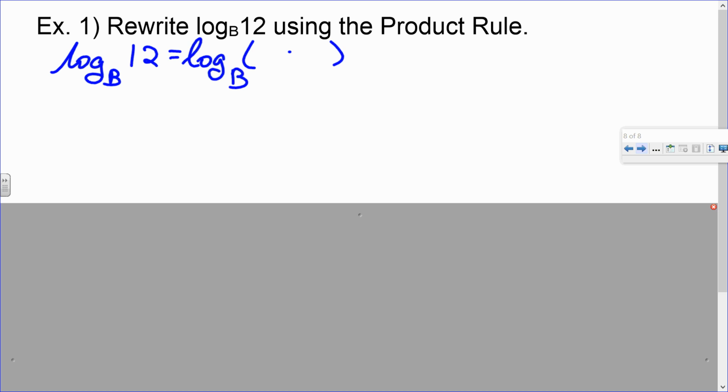So Natalie, tell me two things that multiply to be 12. 3 times 4. And this says I can rewrite that as what? No, I've already got the multiplying. If I want to split that up, log base b of 3 plus log base b of 4.